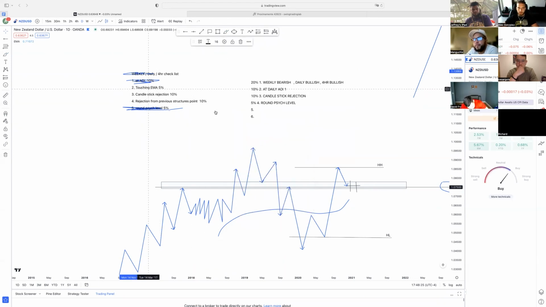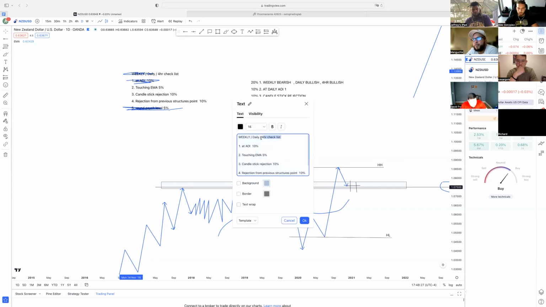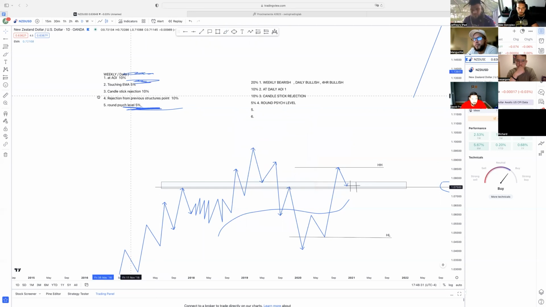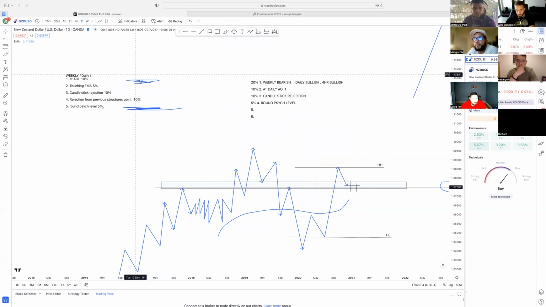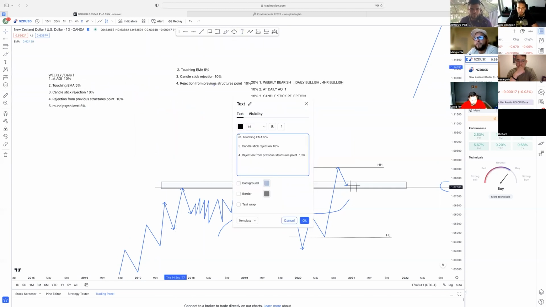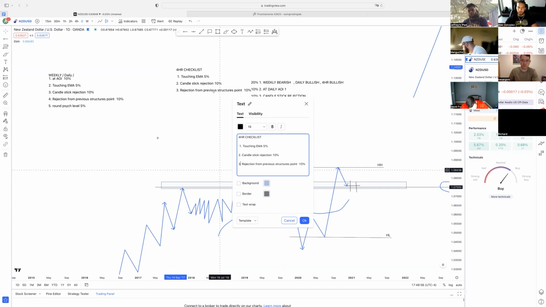So this is going to be the weekly and daily checklist, and then this is going to be the 4 hour checklist. So when you go down to the 4 hour, this is the only thing you can look at. And then when you're on the daily and the weekly, these are the only things that you can look at.